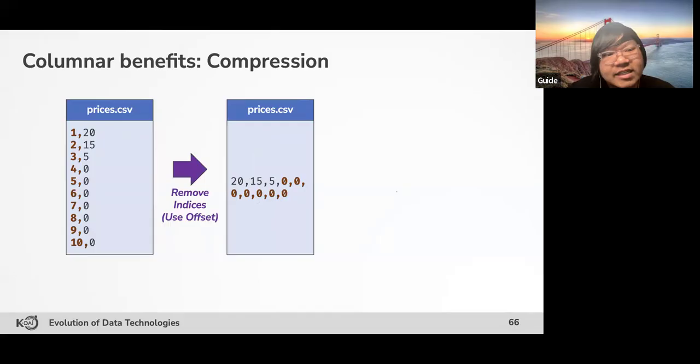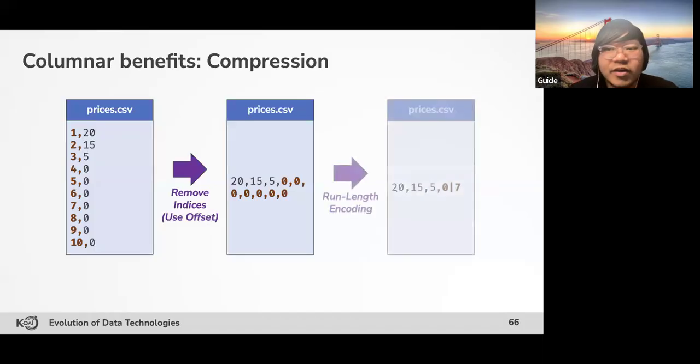The actual thing is this: if you see a lot of consecutive same numbers, for example zeros, which I believe could happen in some large tables, you can further do something that we call data compression. One way to do data compression is called run length encoding, or RLE.